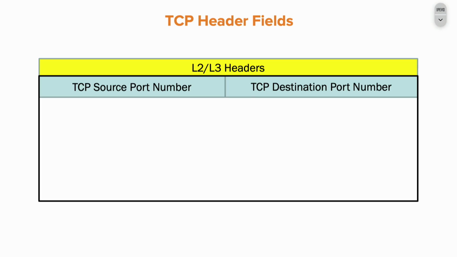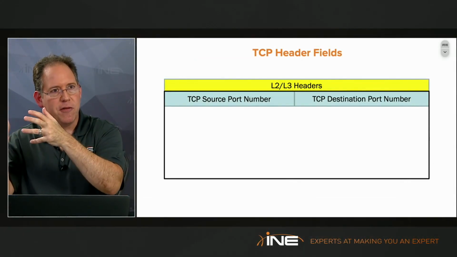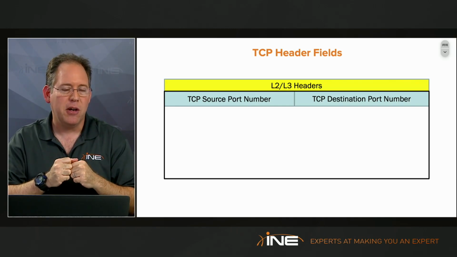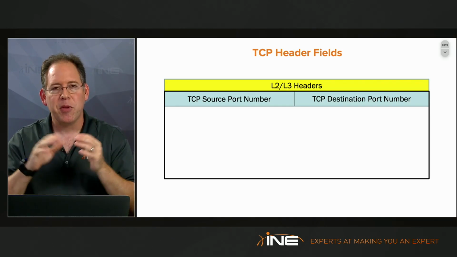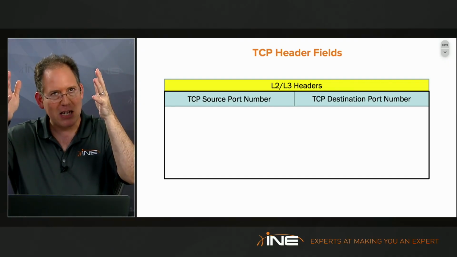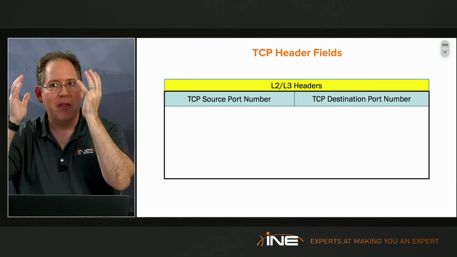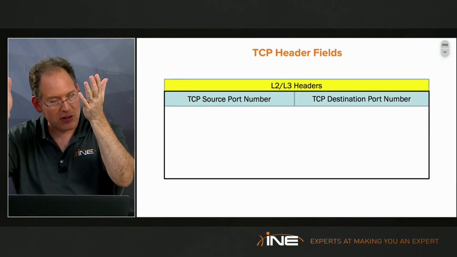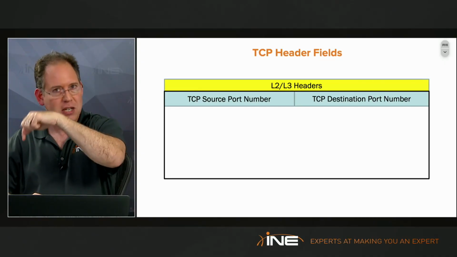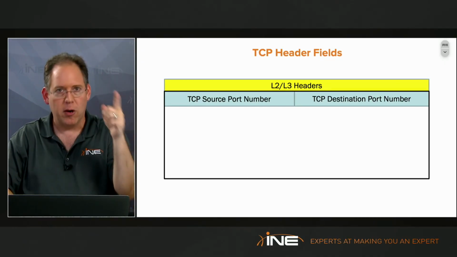In other words, applications that make use of UDP services will have unique port numbers that are different than applications that make use of TCP services. Most applications fall on one side or the other. When the creator designed that application, the programmer had to decide, do I want this application to hook into TCP or do I want to hook into UDP? Usually it's one or the other.